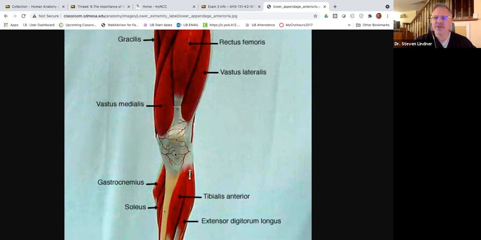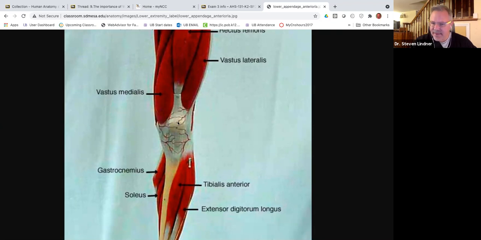Well, then what is it called when it goes from the patella to the tibial tubercle? By definition, something going from a bone to a bone is called a ligament. So we would have to call this the patellar ligament. Above the patella is the patellar tendon, below it, the patellar ligament.